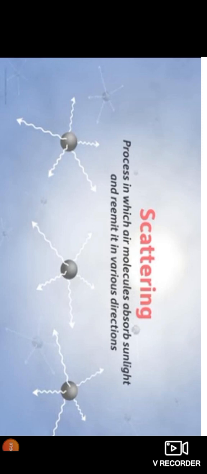You can see, suppose these are the molecules of gases or water vapors or water droplets or dust particles. The light coming from the sun strikes these molecules. These molecules absorb this sunlight, and after absorbing they re-emit the sunlight in various directions, and this re-emitting of light in various directions is called scattering.